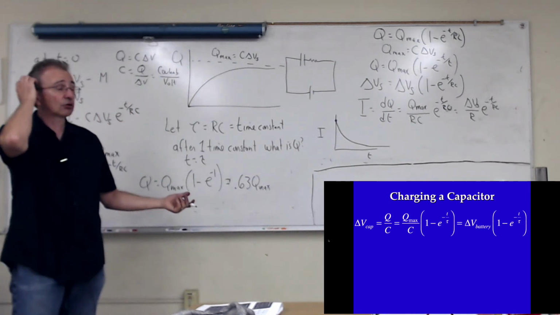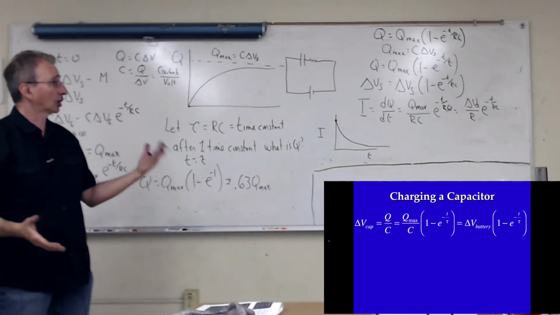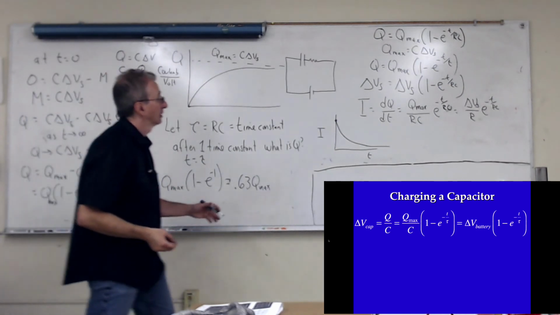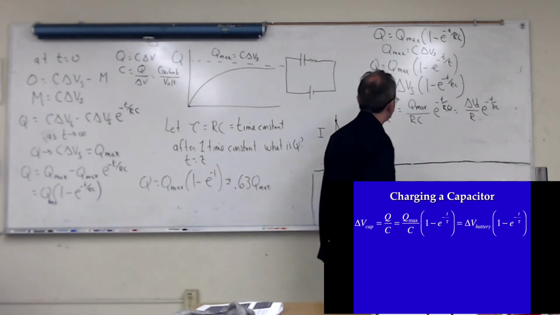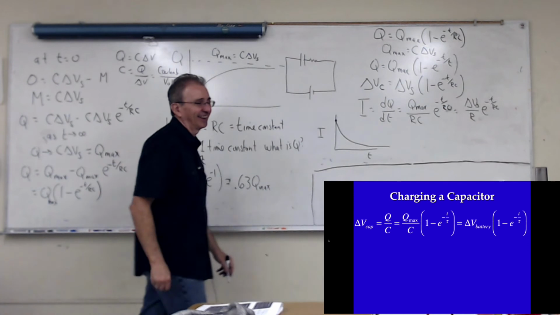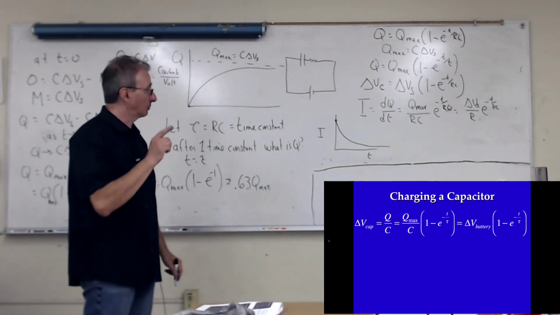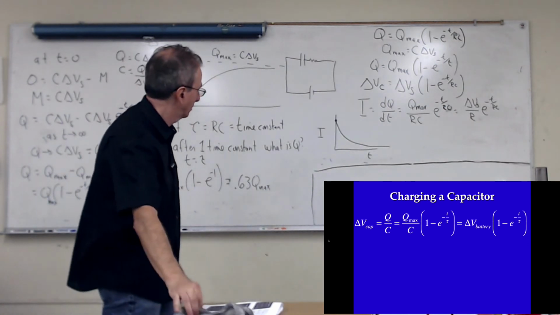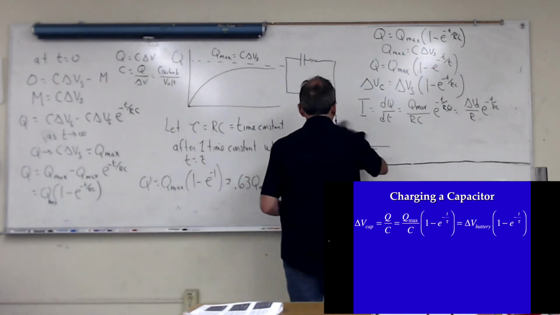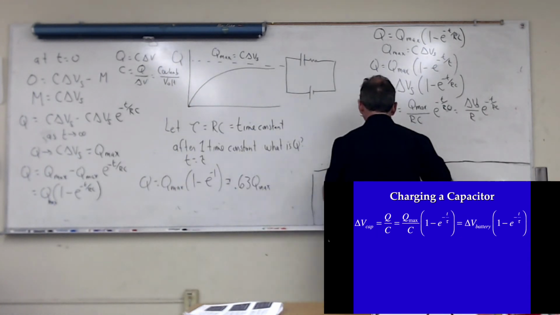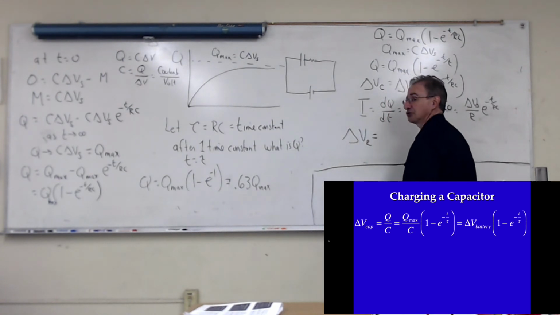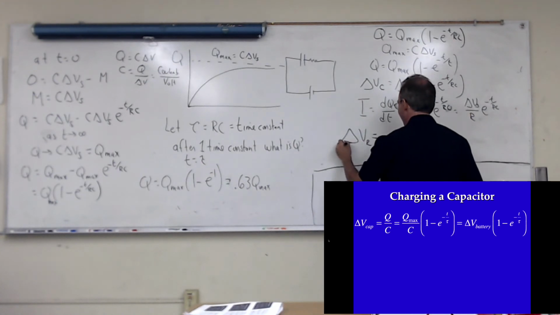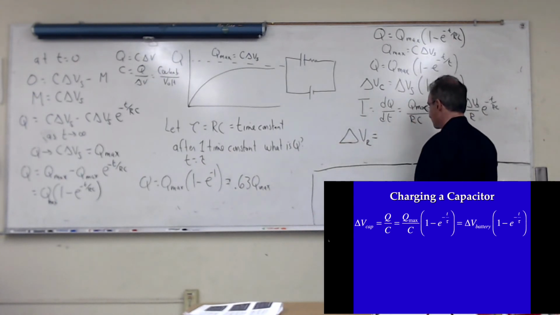Now the voltage across the resistor can be determined two ways. That's the voltage across the capacitor. And I should say the voltage drop across the resistor. I always make that mistake.